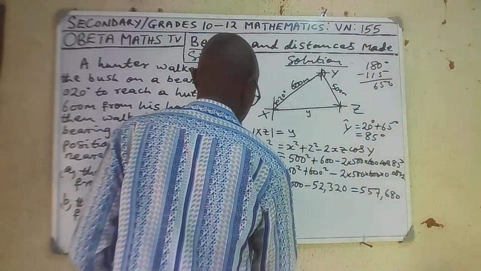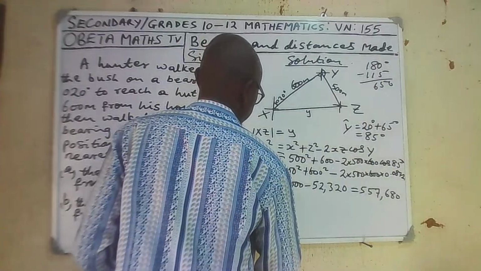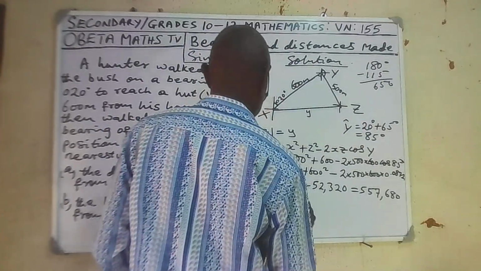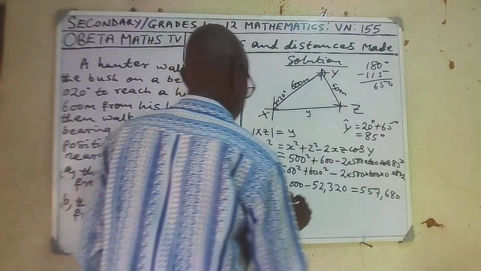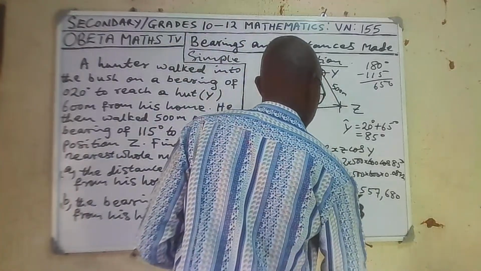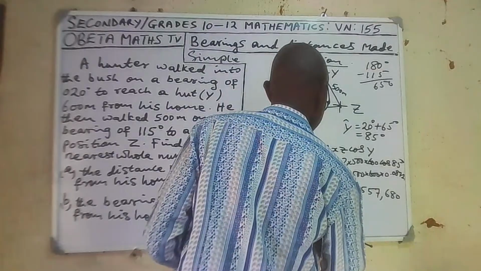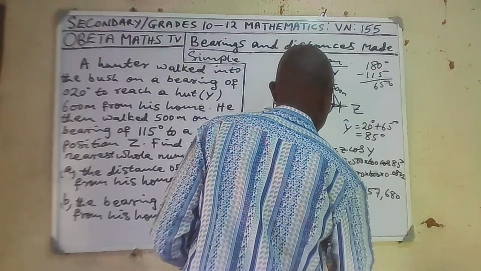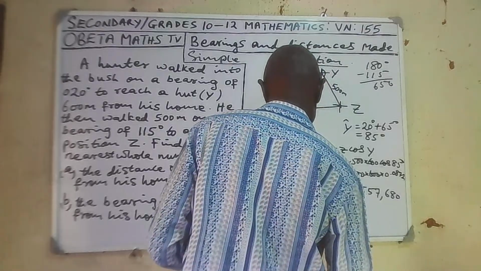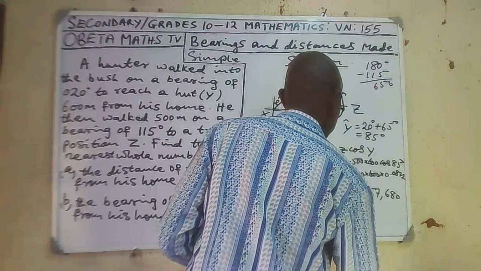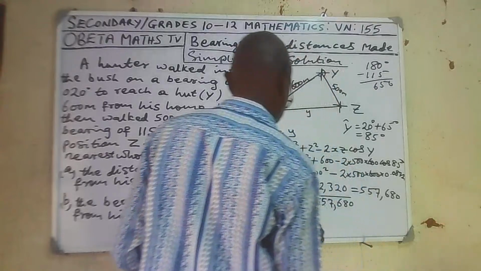So we are now talking of xz, which is y, and that means you have to find the square root of 557,680.